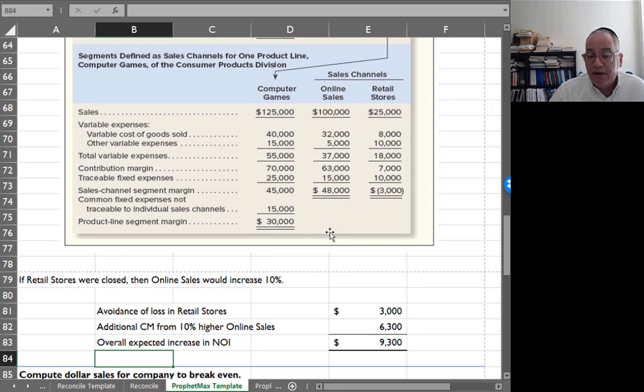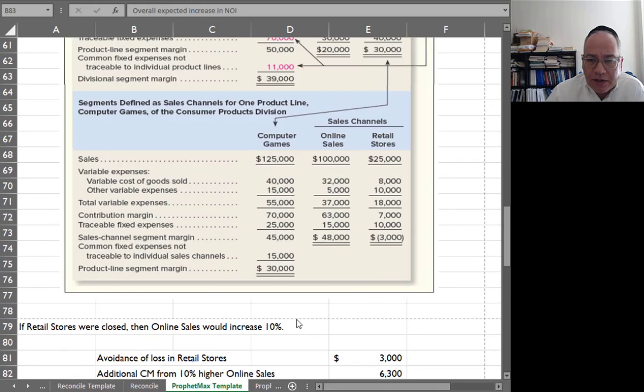And what that would tell you is, you do this calculation, and you know that the traceable fixed cost for retail stores is going to go away, but the common fixed expenses not traceable is going to remain. And even taking that into account, income would increase $93,000.